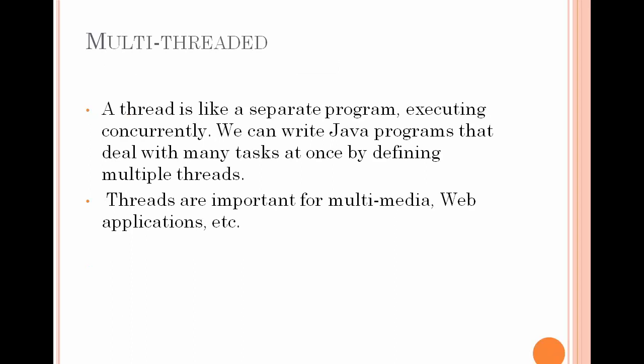Multi-thread. This is one of the important concepts in Java. A thread is like a separate program but gets executed concurrently, so simultaneously it gets executed. We can write Java programs that deal with many tasks at once by defining multiple threads.